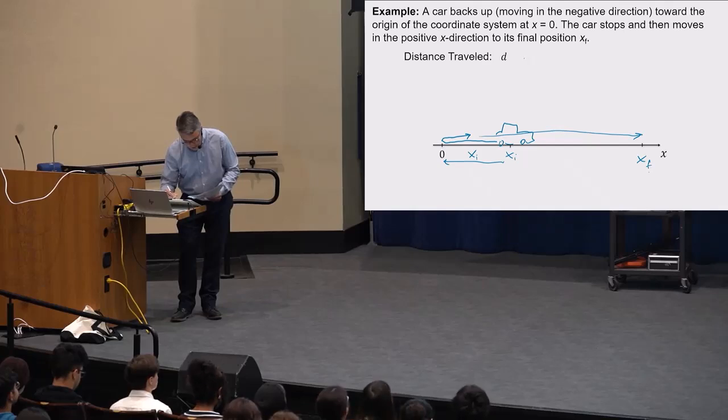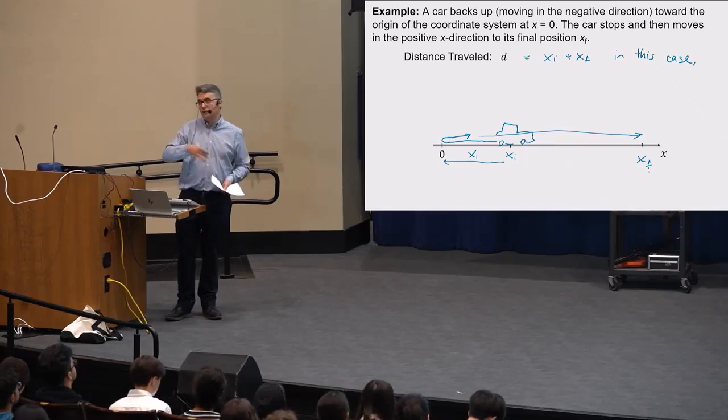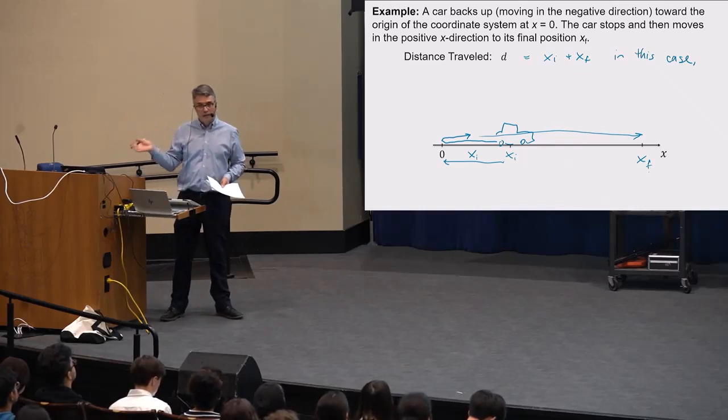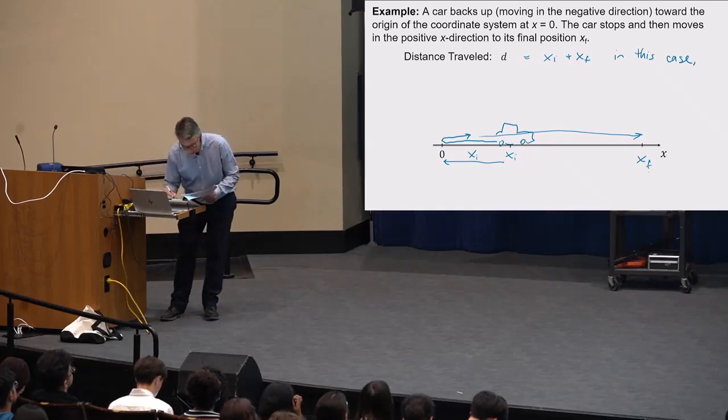So the distance traveled, I would say, is x initial plus x final in this case. Right, because first it went back, and then it went from 0 to xf.